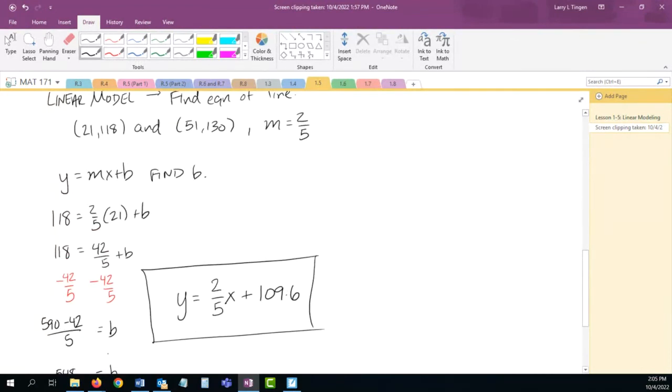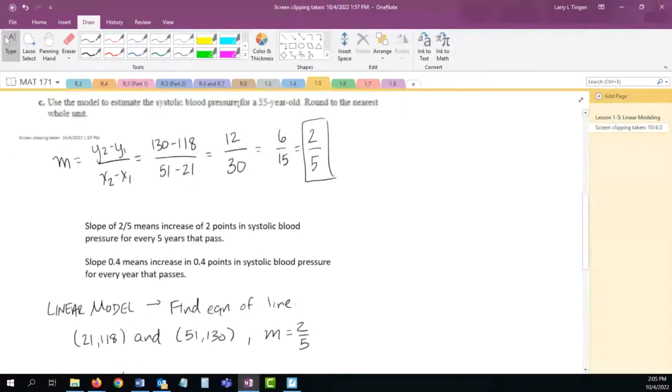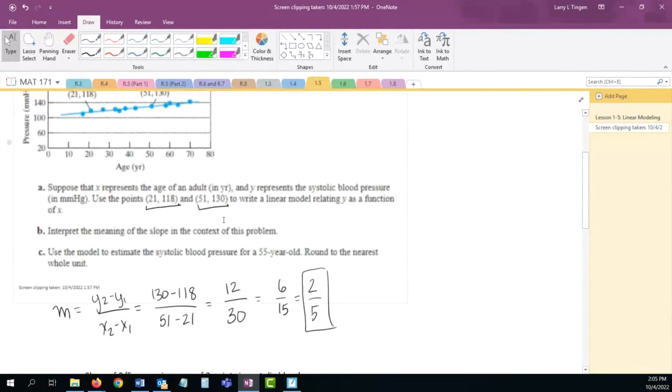Again, the fraction. That's a great question, Andrew. Wouldn't you leave this as a fraction? Typically you would, but the problem has points where the y value is an integer, and the problem tells us, because I read ahead a little bit, to use the model to estimate and round to the nearest whole unit.